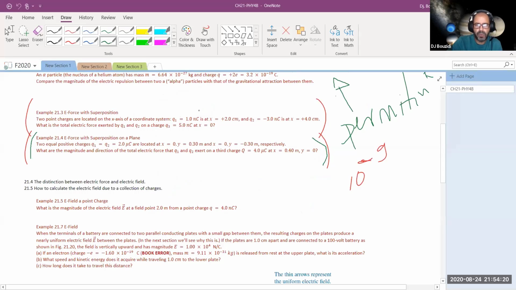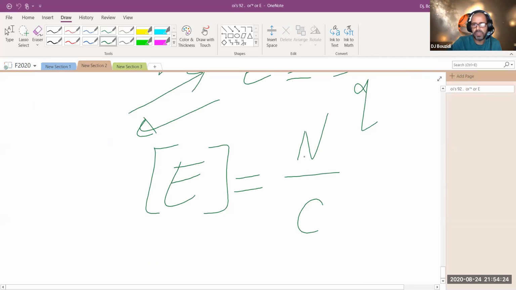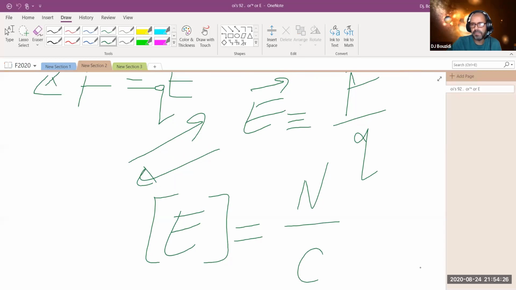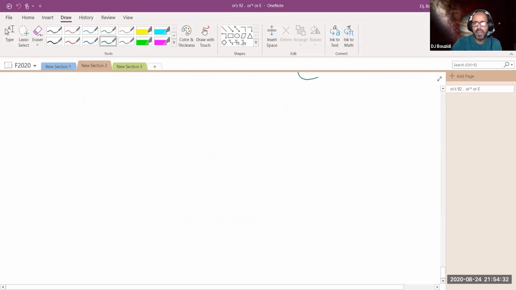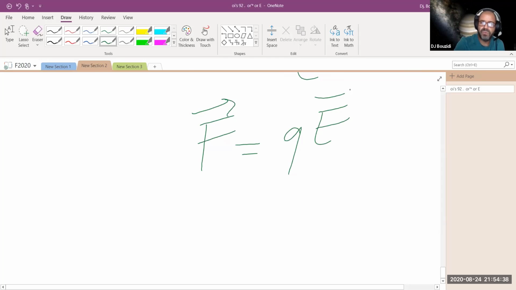So from now on, Coulomb's law can be expressed according to this definition of the electric field: F equals QE. So find E first. Once you find E, I can tell you what the force is.